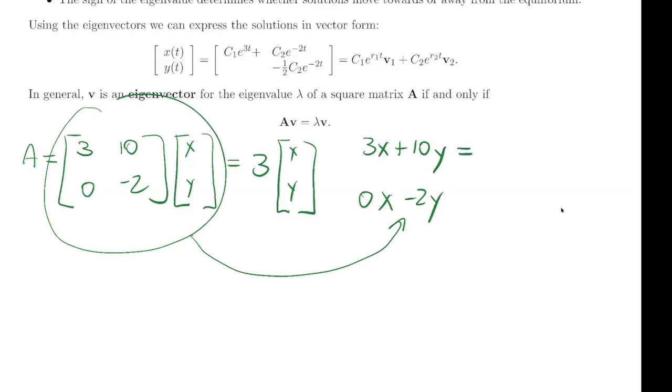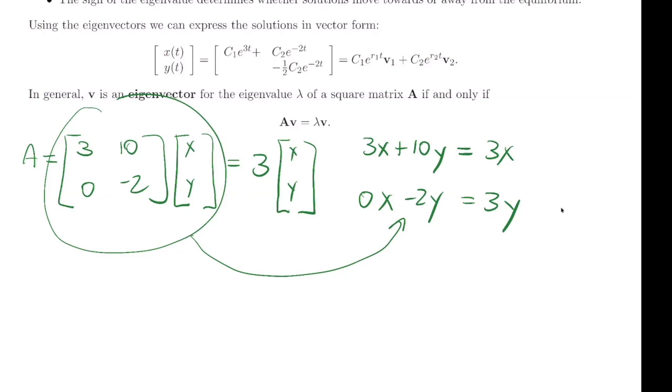And on the right side, we have 3x and 3y. Then we solve this system. What you're going to find is that we're not going to get unique solutions here; you should find an infinite number of solutions. If you find that there's only one unique solution, that's a good indication that you either found the wrong eigenvalue or made an error in trying to find the eigenvector.